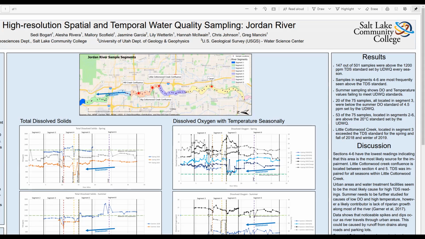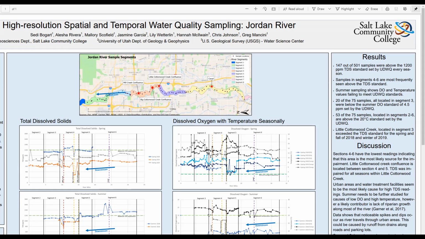147 of those samples were above the total dissolved solid standard. A total of 20 samples from summer 2018 and 2020 show dissolved oxygen readings below the Utah Division of Water Quality standard.